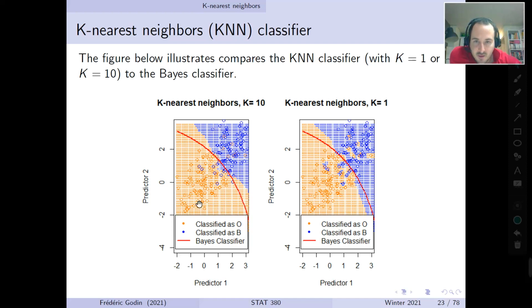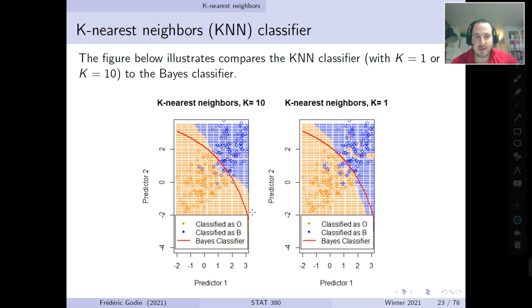Once again, the figure shows all the points that were simulated initially. The orange and blue circles are the data points. And we have this frontier in red, which is the Bayes classifier or Bayes decision frontier. The red curve would be the best possible classifier in terms of error rate minimization.